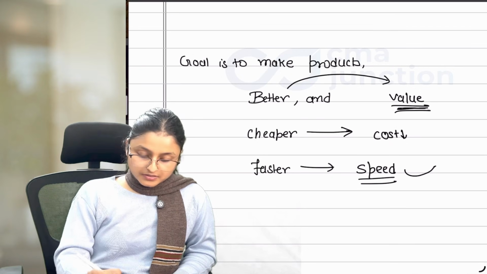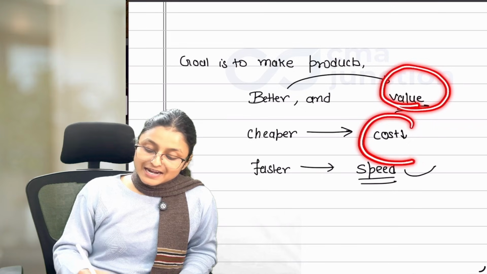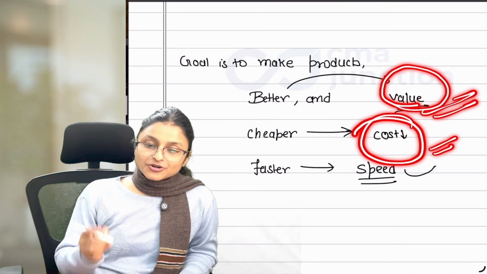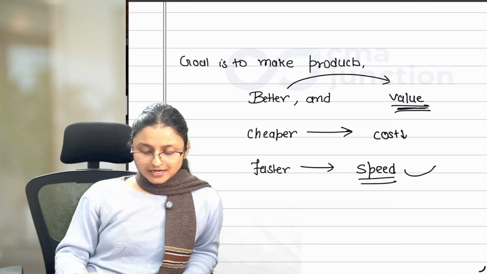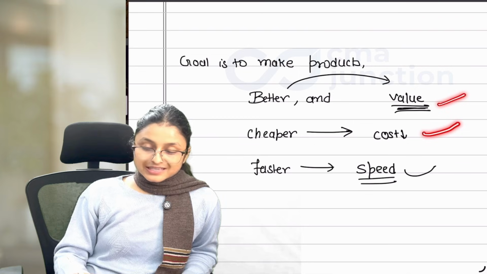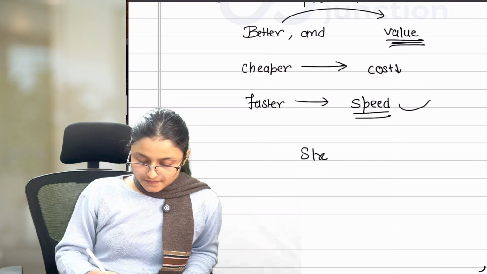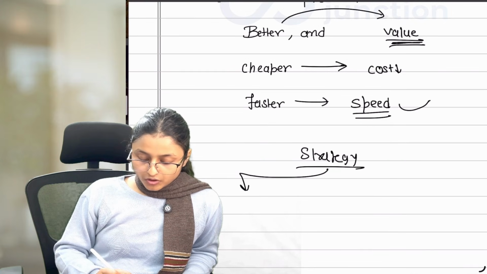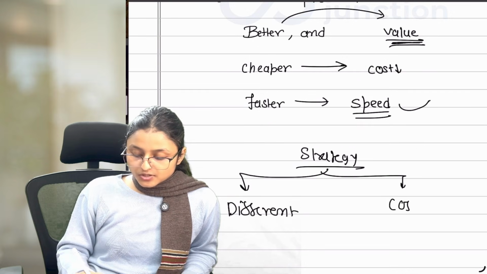If you notice, in this supply chain management, we are adding value and reducing cost. We are doing both of these. Now think about it, yaar. Whether organizations can achieve both of these together, because in strategy, we understood that either organizations follow differentiation strategy or cost leadership strategy.